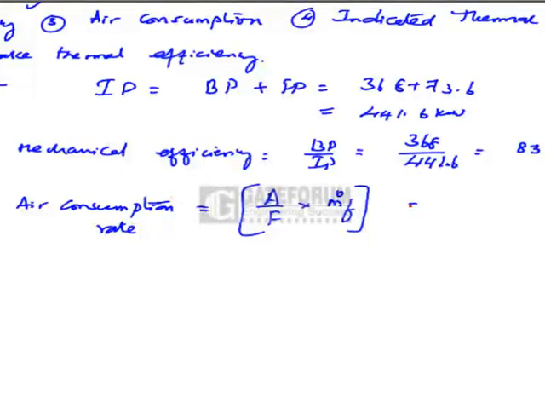Air fuel ratio is given as 20 into mass flow rate of the fuel. Mass consumption rate of the fuel is 180 divided by 3600. It comes to 0.05 kg per second.